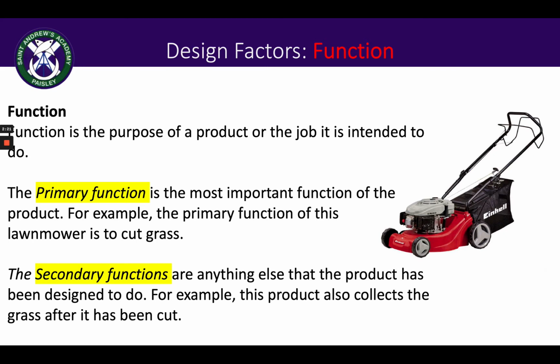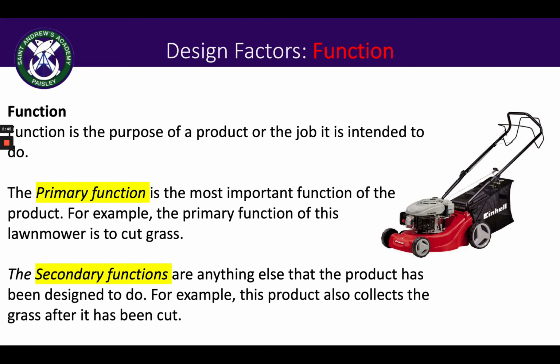There is also something called secondary functions. These are things that are added onto the product to make it better and make it more desirable for the user, right? So if I go back to the lawnmower, they could say, well, the lawnmower might go back and pick up the grass. That's a great thing. That's an added on benefit.